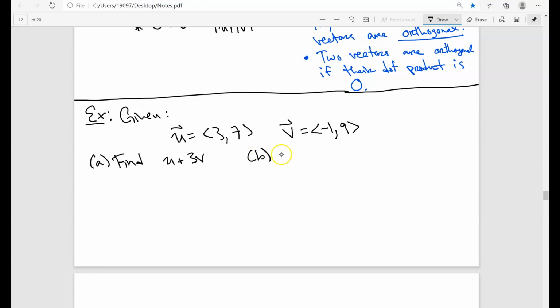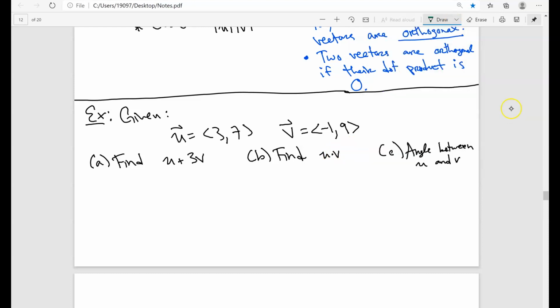Then I want to find u dot v. And then, that should be part C, I want to find the angle between u and v.